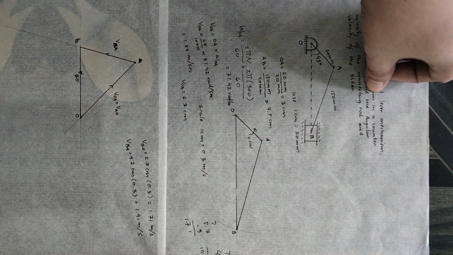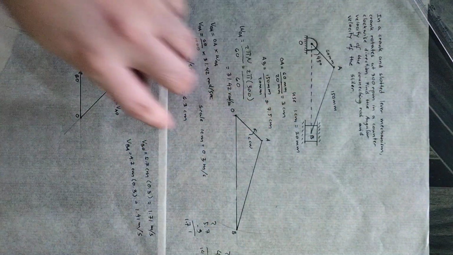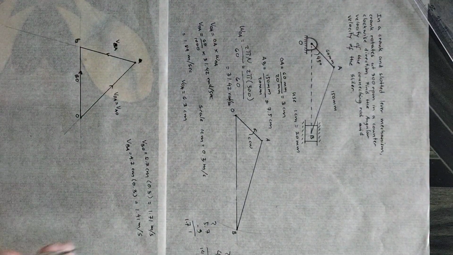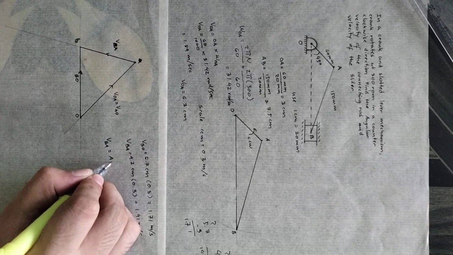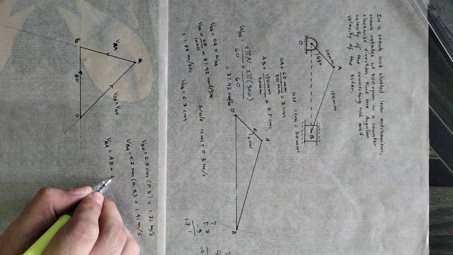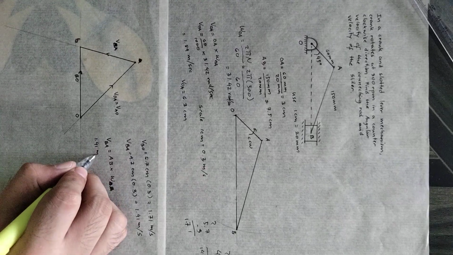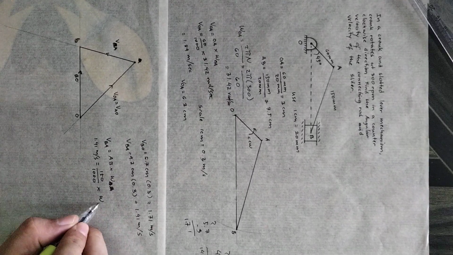So the problem asked that we need to find the angular velocity of the connecting rod, which is the AB. So we just need to convert this linear velocity using the relationship formula. So link AB multiply by angular velocity BA. So 1.41 meter per second equals AB, which is 150 divided by 1000, times angular velocity of BA.